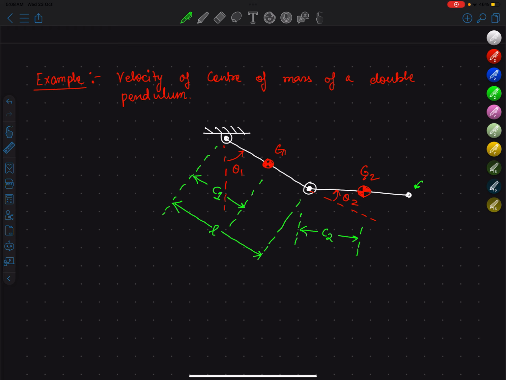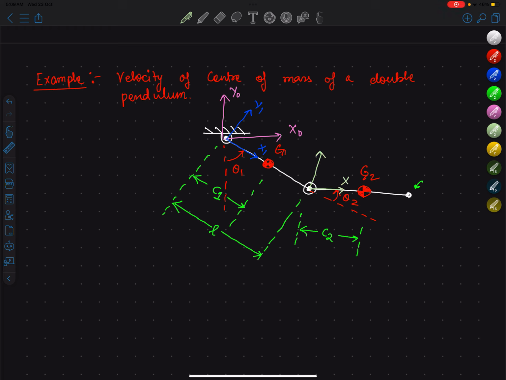Okay, so let's call these points something. Let's attach some frames, right? So let's see what is the base frame. This is the base frame, x0, y0. All right, and the first frame attachment is here. This is x1, y1. This is attached to the first link, and the third one is this one.